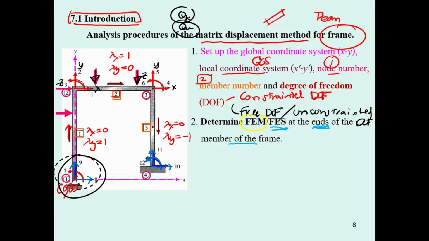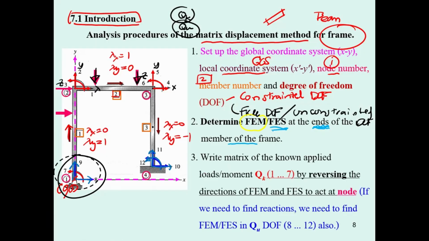Then go to the third step. You have to reverse the direction of the fixed end moment and fixed end shear that you obtain from the table, and then apply them at the nodes of the structure. This is very important. And then you are also required to determine the reactions.